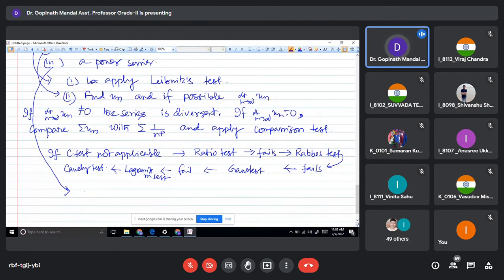If the ratio test fails, follow the test for the second case. So this is the procedure.